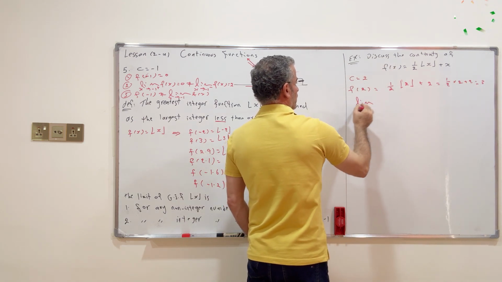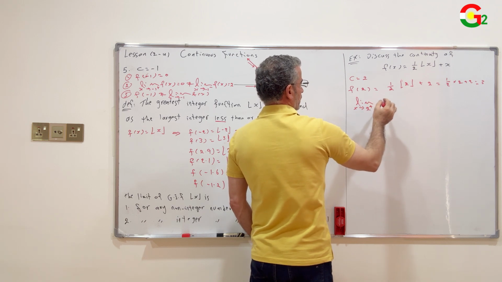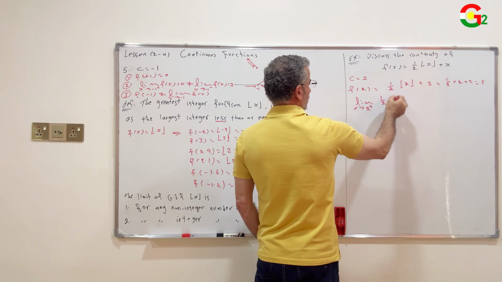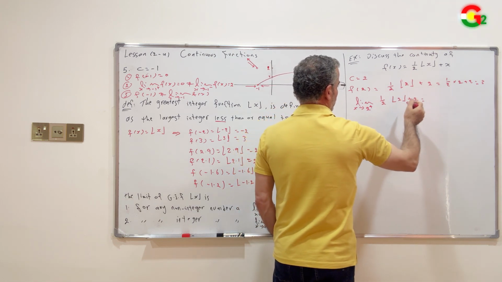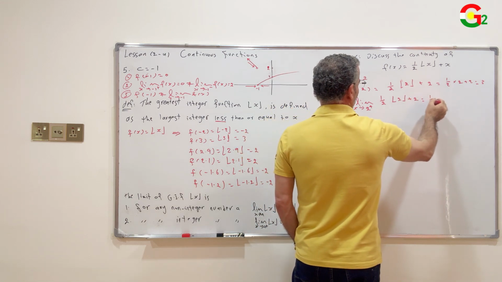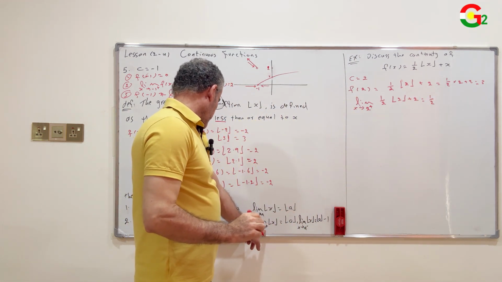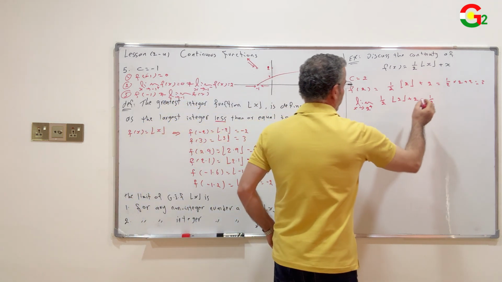Limit as x approaches 2 from the right of the function 1/2 greatest integer of x plus x equals 1/2 greatest integer of 2 plus 2. When x approaches the integer number from the right, it is the greatest integer of the number.